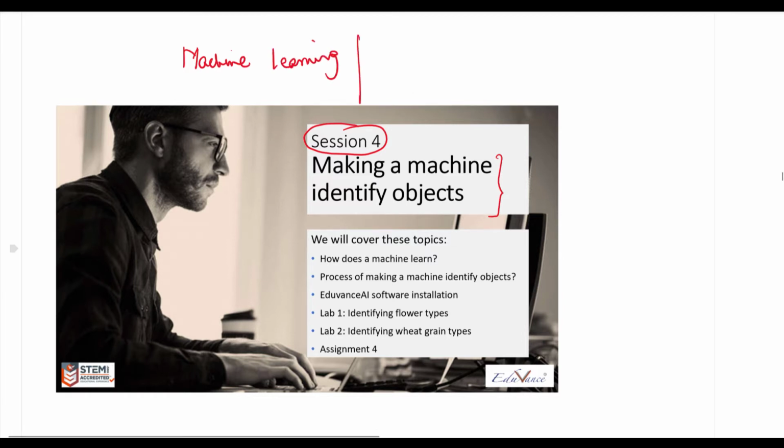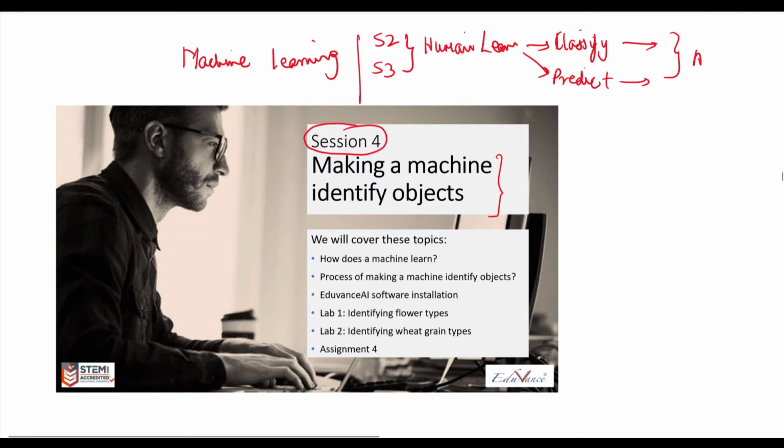Now, in session number 2 and session number 3, we were focusing on how we make a human learn and how do we gauge whether a human has learnt accurately or not. So we had a situation where we would make a human classify and we would make a human predict, and we were able to judge whether the classification or prediction was accurate or not.